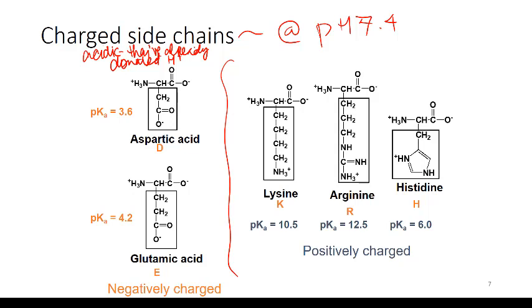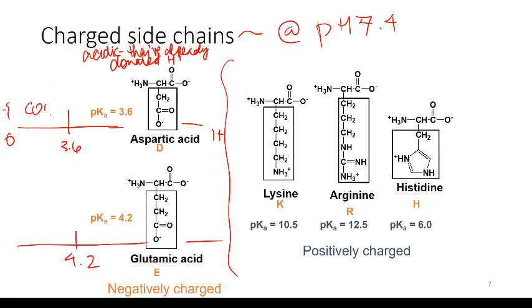Both of these, if we have a pKa of 3.6 here, and we go out to 14 and down to 0, at a pH greater than 3.6, or 4.2 for glutamic acid, these are going to be deprotonated. But if you go below their pKa, they'll be neutral.